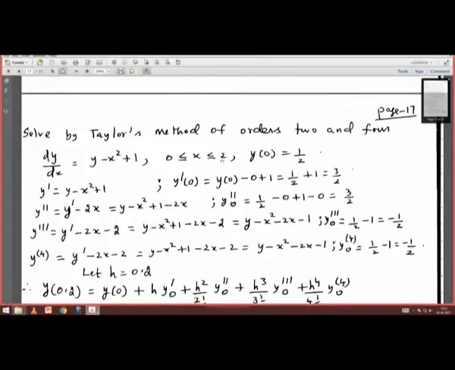And since we march at any time one step ahead to determine the solution of the initial value problem, we say that this method is a single step method.